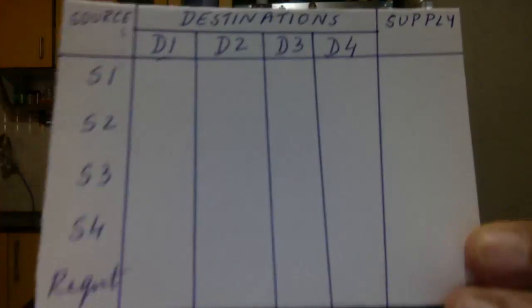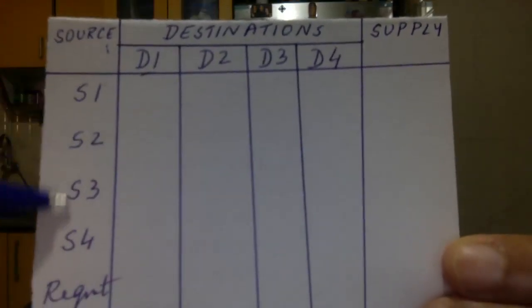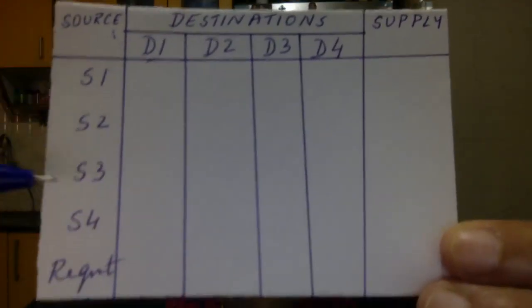Now let's come back to the source. Let's give 4 sources. So you'll have 4 rows plus 1 row for requirement: S1, S2, S3, S4 and requirement. Now these are all the rows. I'm going to rule lines.